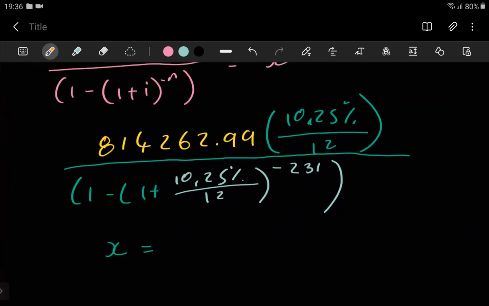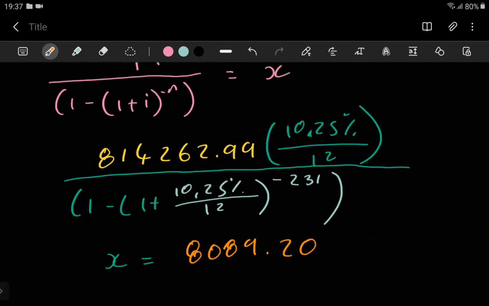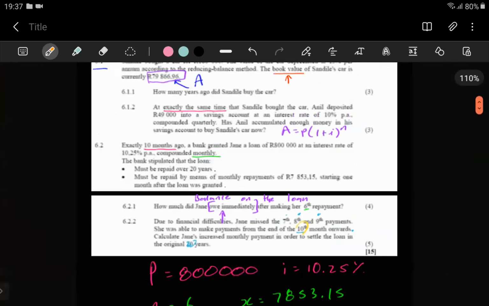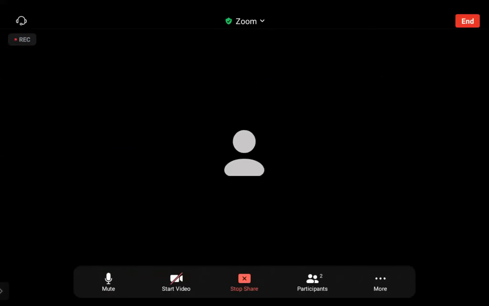I'm getting there. Okay, I get 8089.20. There we go. Awesome. This is what you need to pay, for you to be able to make the payment when the month's finished. Okay, that's cool.